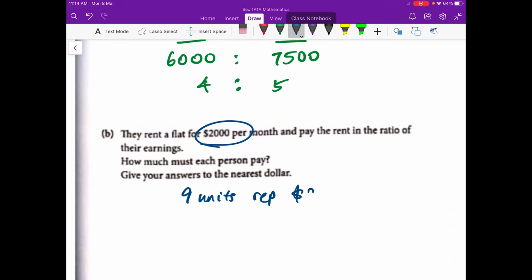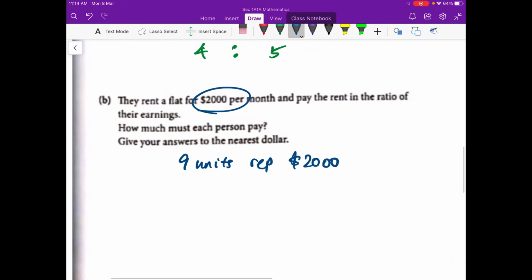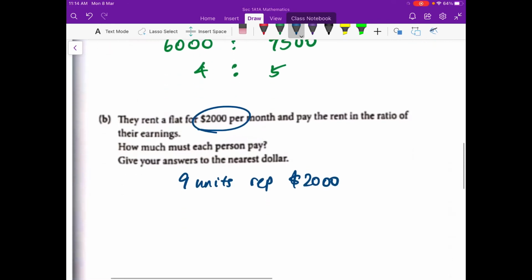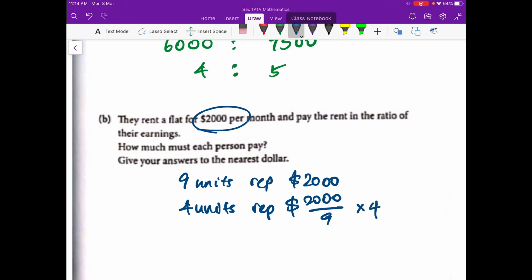Represent $2,000. So how much must each person pay? One person, that is Alfred. Alfred pays 4 units. So 4 units represent 2,000 divided by 9 times 4.